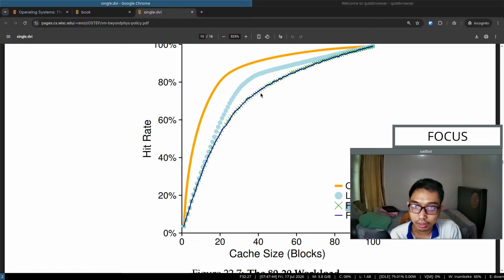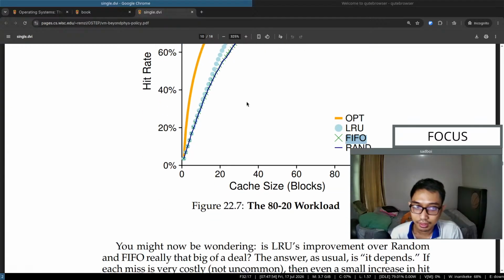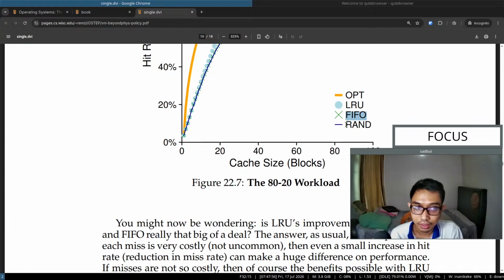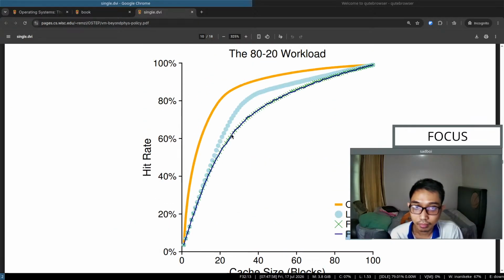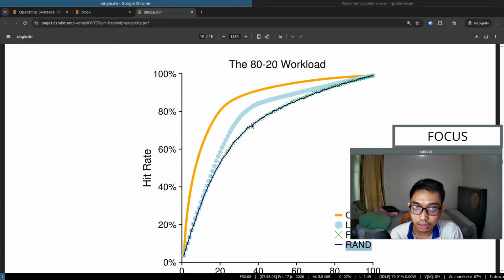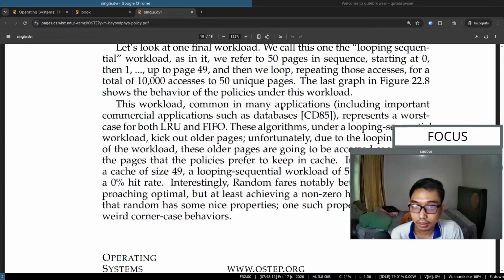But it turns out that page has been moved out from the memory beforehand. So we will hit a miss, right? So yeah, it's kind of interesting in this graph. The first in, first out and random didn't have significant difference. Okay.